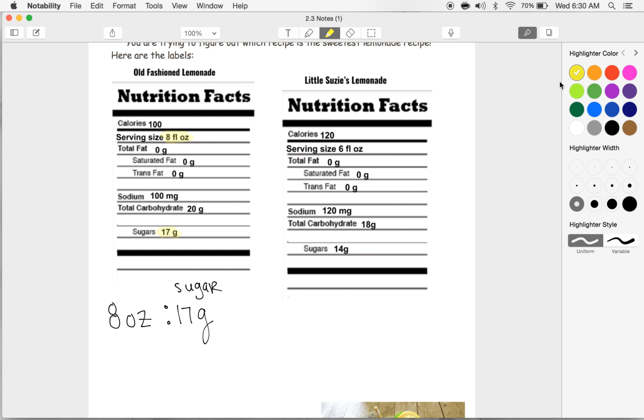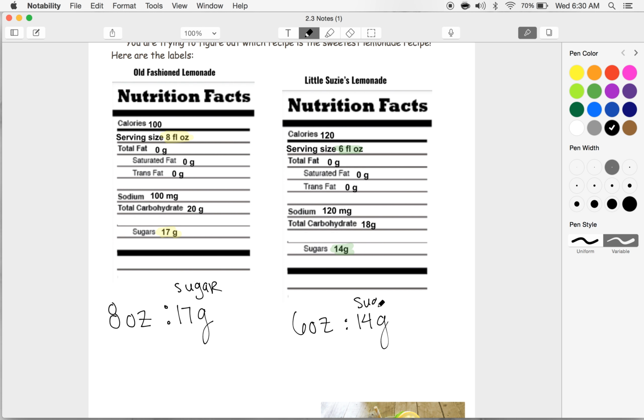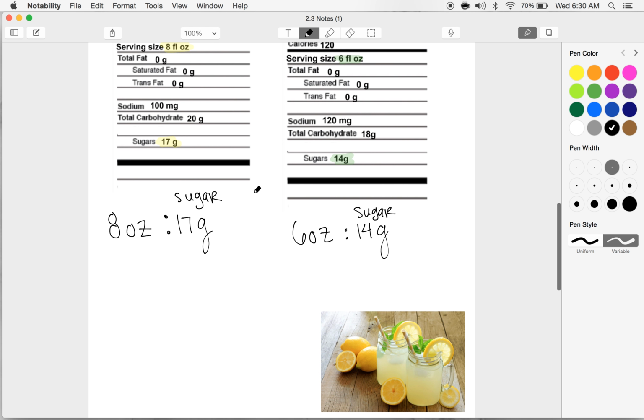This one creates a ratio of 6 fluid ounces total to 14 grams of sugar. 6 ounces to 14 grams of sugar. So if we take a look at these two ratios, I should probably put amount, sugar, amount, sugar. Which one do we think is going to taste sweeter?